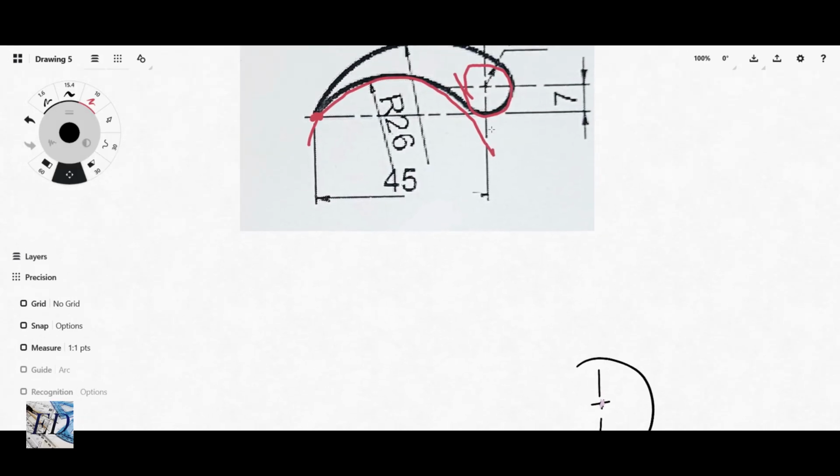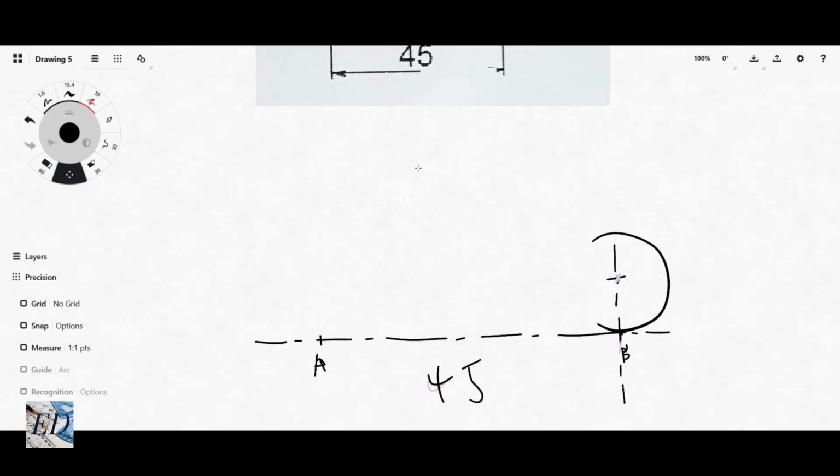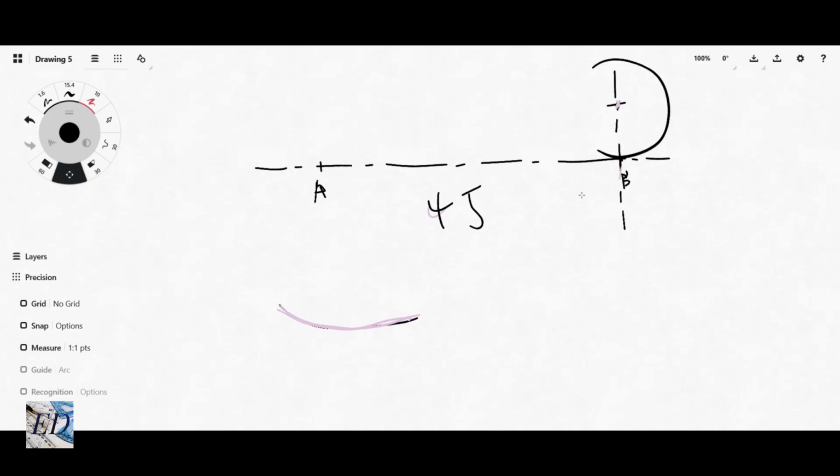The reason why you draw your center line out and mark A, B is to measure and get the distance 45. Sorry about that. And that point A here is the same point that we have here for this particular arc, right?